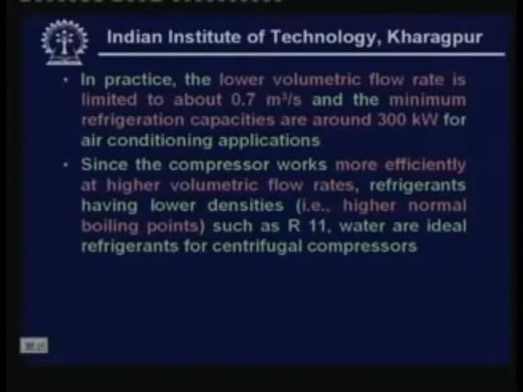That means its density will be very low, even at 40 degrees or 50 degrees centigrade. Okay, so it's an ideal refrigerant as far as centrifugal compressors are concerned. That is the reason why R11 was very widely used in all centrifugal compressor based air conditioning systems. Okay, however, unfortunately R11 was banned due to its high ODP. Okay, so now you can't have R11.